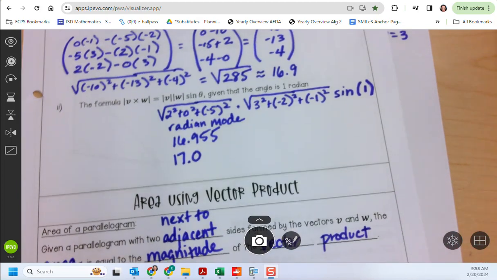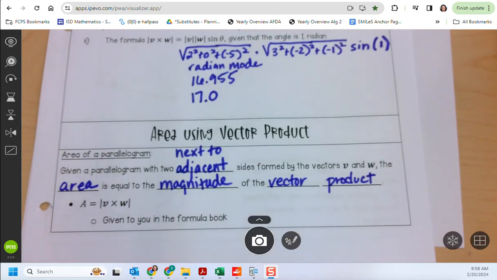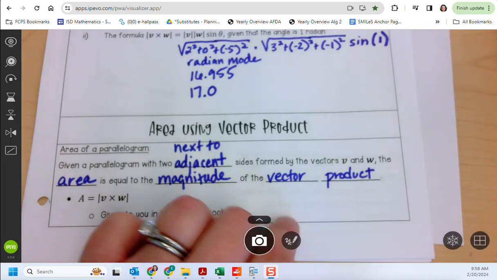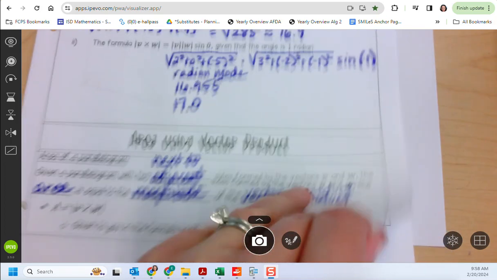Okay. So this area formula is given to you in the formula book, okay? Make sure you have that so I can turn the page. All right, now think about a triangle that is formed by two vectors.